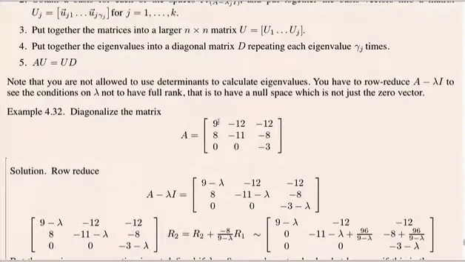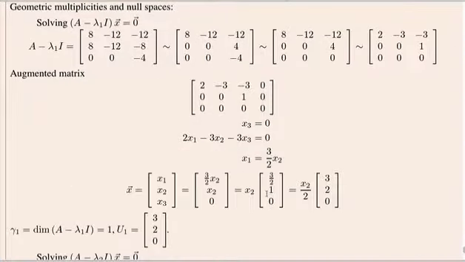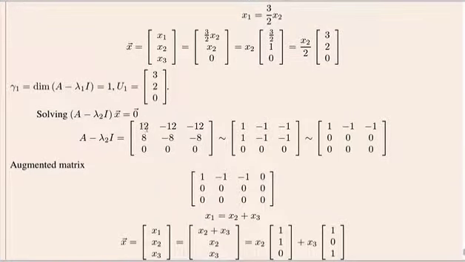That means we get 12, adding 3, we get minus 8 and 0. We can divide the first row by 12 and the second row by 8. And then we see that by subtracting the first row from the second row, that becomes a 0 row.